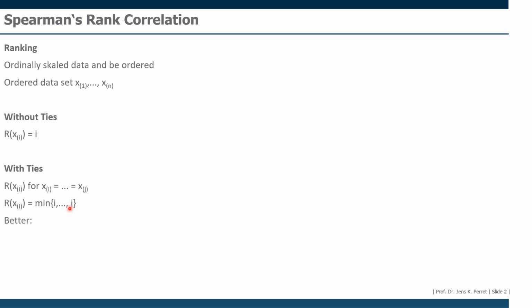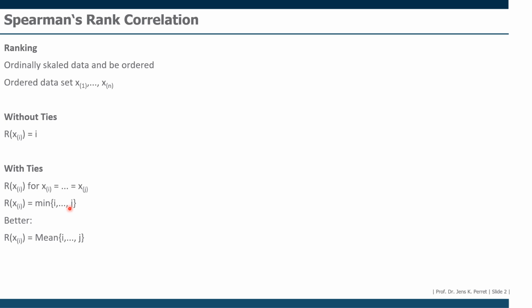A better way to go about it, also a bit more correct, would be taking the average of all possible outcomes. So again, same example, two values would share first and second rank. So the average of first and second would be 1.5. So both values would be assigned 1.5 for their rank.